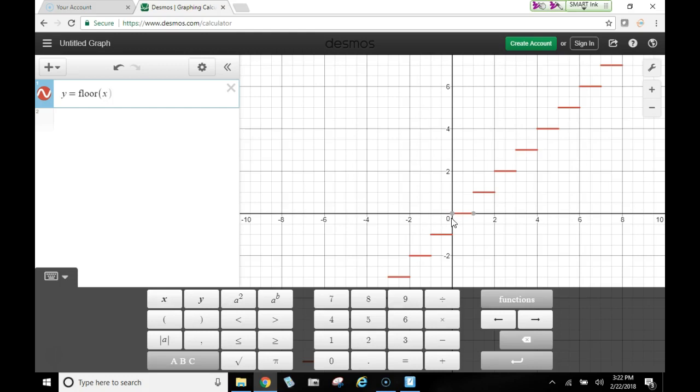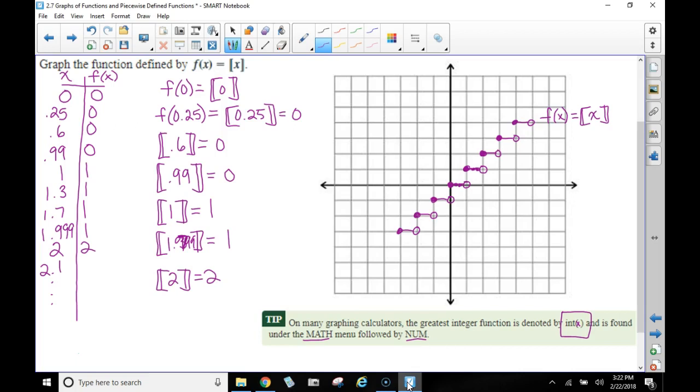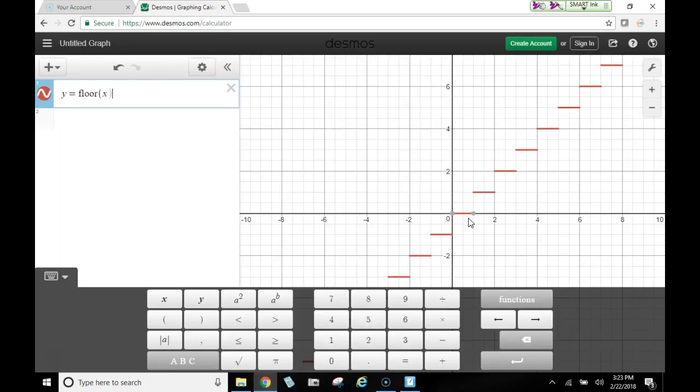Now, here's a problem with some graphing utilities, your graphing calculator included. What is not on this graph, but should be, are these little nuances of where the open circle versus the closed circle is. The problem that I'm having here with Desmos is there's not a closed circle here and an open circle here.